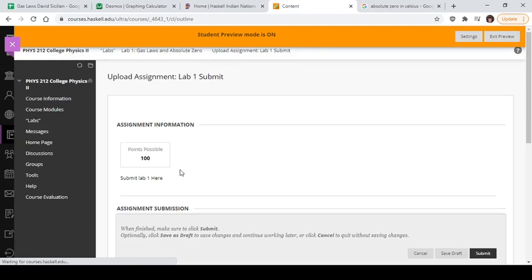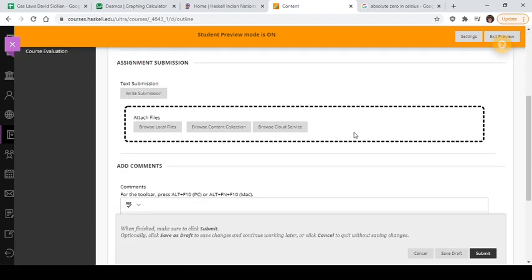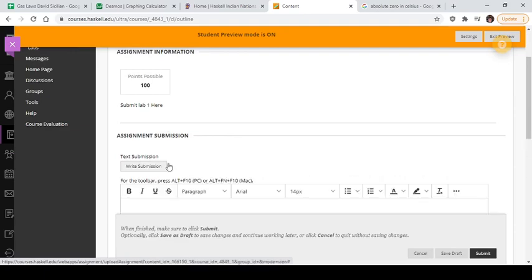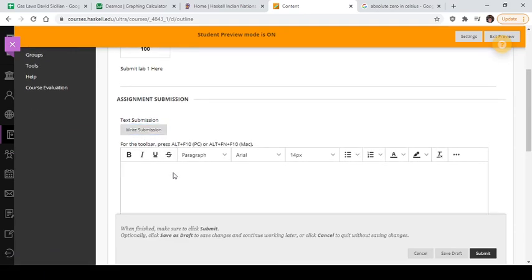Click on that link. Under Assignment Submission, click on Write Submission, and then just paste the link to your spreadsheet. So make sure you paste the link to your spreadsheet with the correct settings so that I can view it. Then just hit Submit.